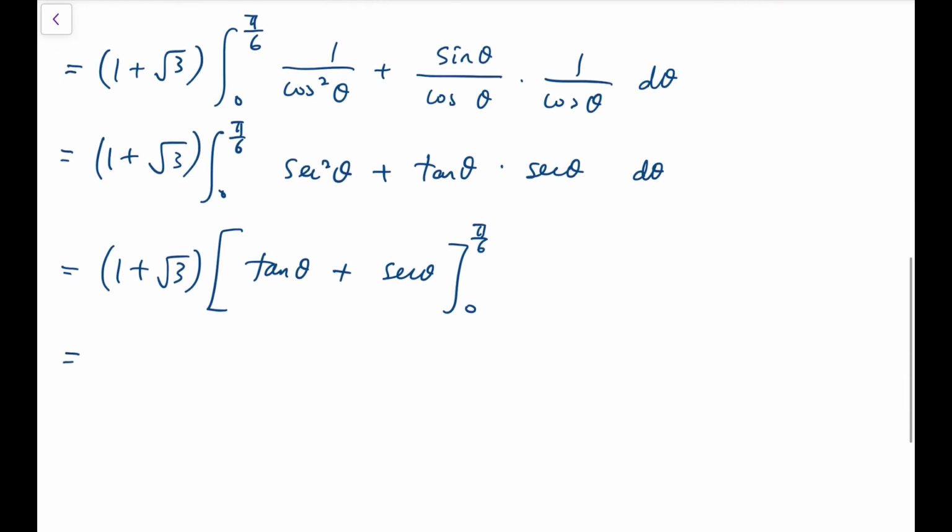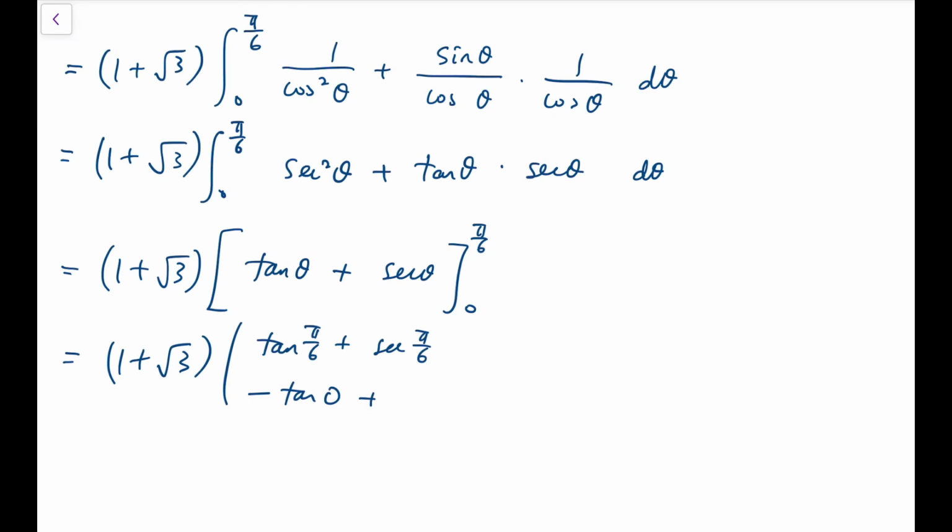So we've managed to integrate the whole thing, and what remains is just to handle the upper and lower limits. Tangent of pi over 6 is root 3 over 3.